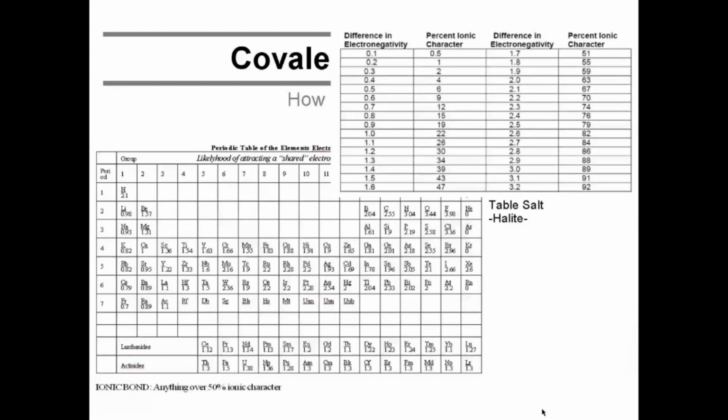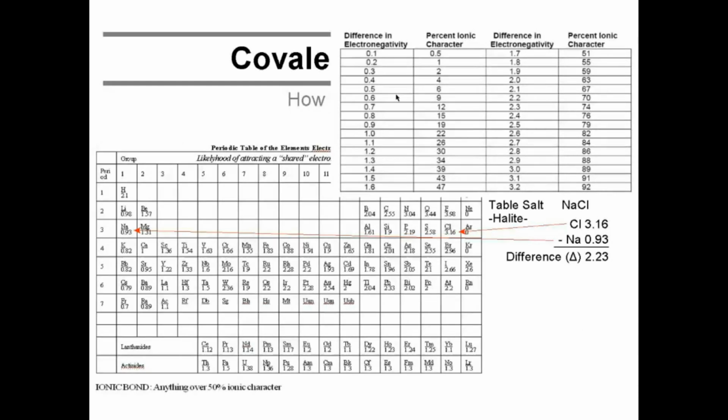Let's do table salt, halide. Halite's chemistry is NaCl, so we have a sodium involved and a chlorine involved. Let's look up the 2 electronegativities. Chlorine has an electronegativity of 3.16 right here, and sodium of 0.93. We take the difference. Basically, we subtract the lower number from the higher number, and we get a difference, often described as delta, of 2.23.